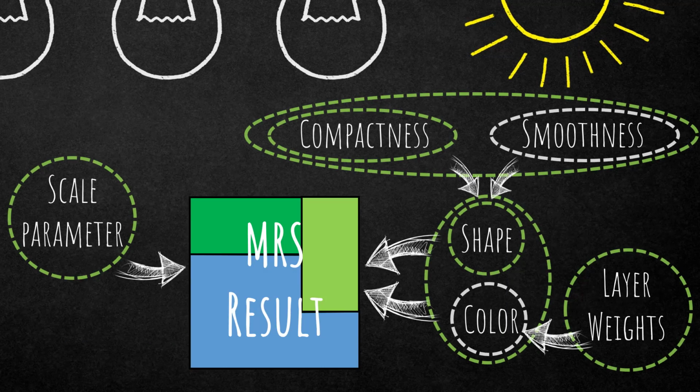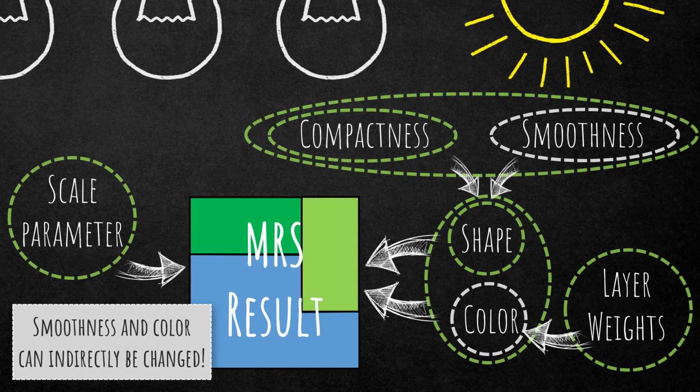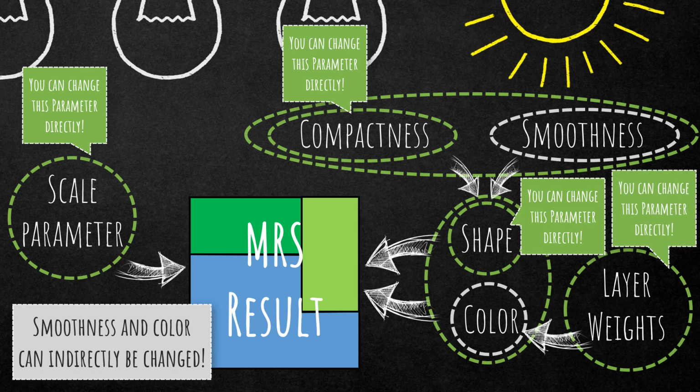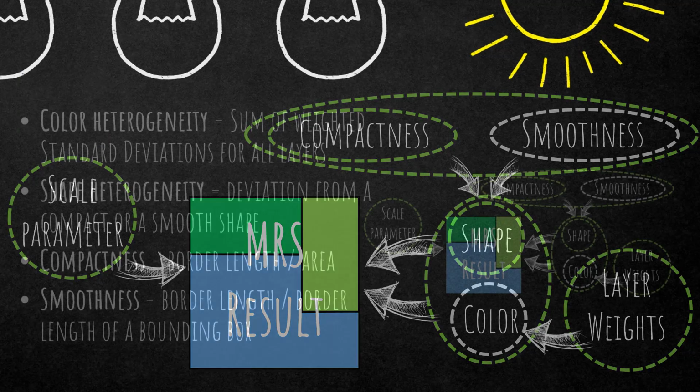You as a user can define certain parameters. You see in these green circles the scale parameter on the left hand side. So you can alter this one. You can alter the shape, compactness, and also the layer weights. This is your chance as a user to influence the output of the multi-resolution segmentation.